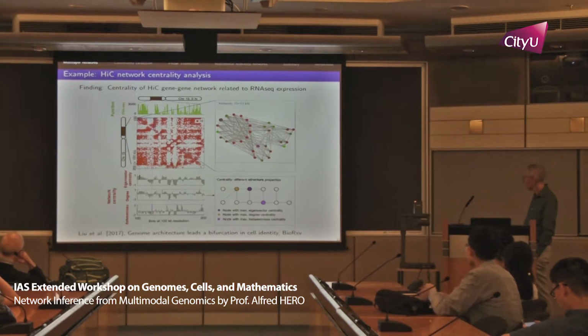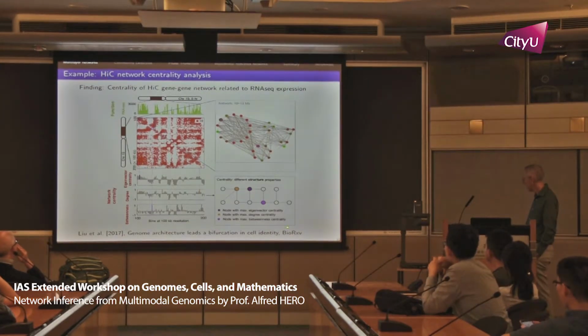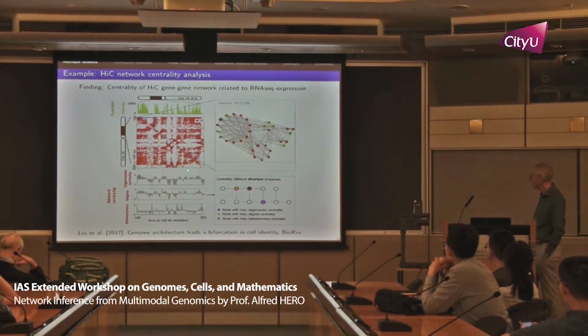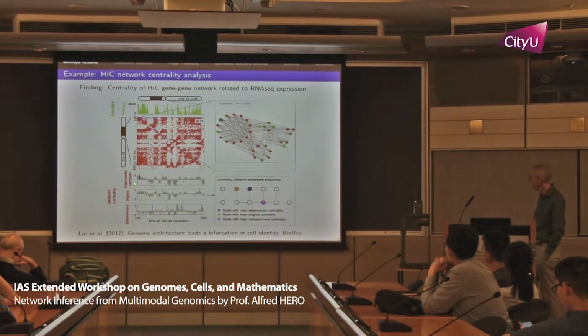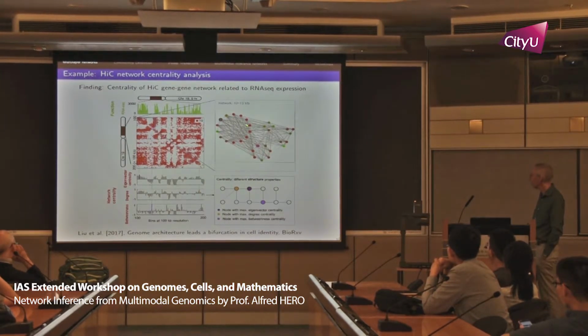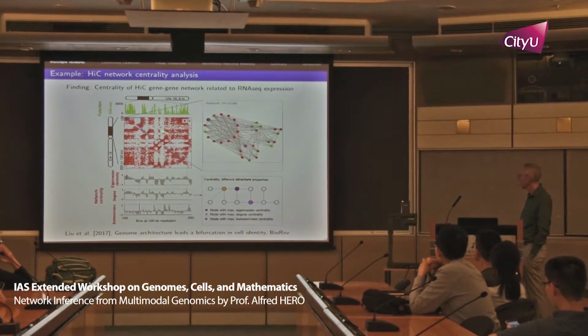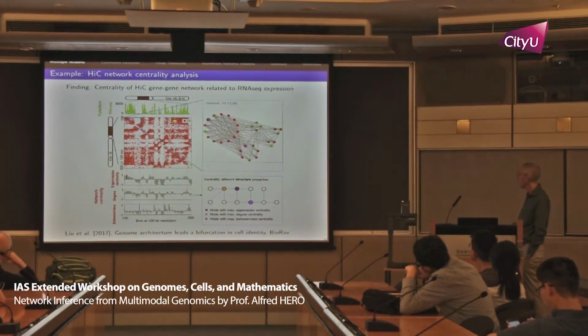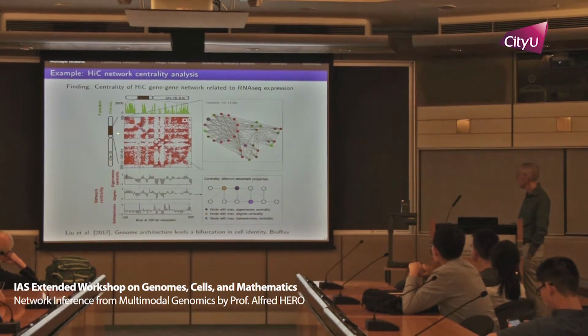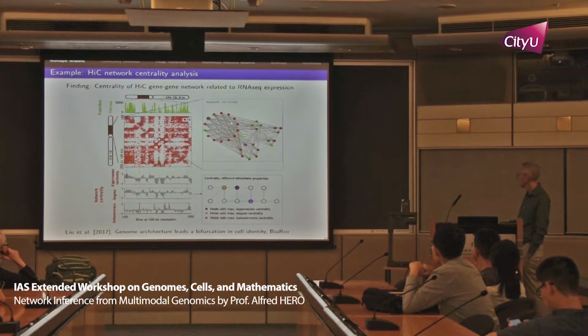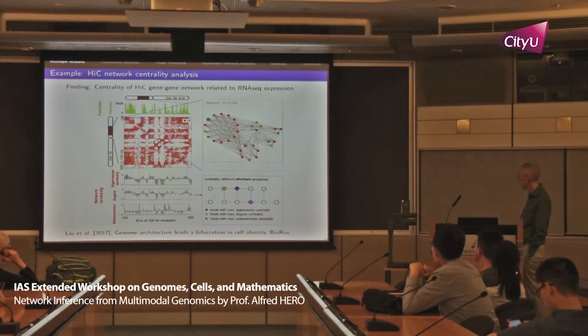This is a picture from a manuscript that's in review that Indika and I are co-authors on, which shows network centrality of various types, eigenvector, degree, and betweenness centrality, which are applied to the Hi-C network, this network here, where the edges are extracted by basically thresholding this network and forming a binary adjacency matrix that describes the existence of edges between row-column pairs that correspond to genes in this case.